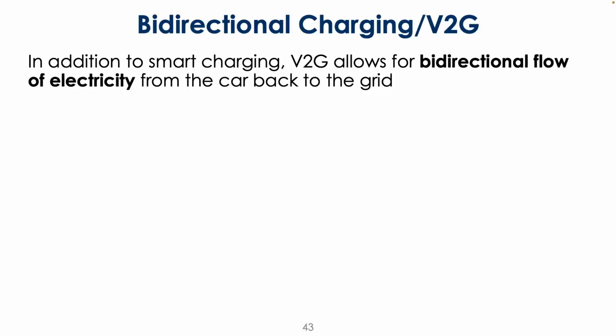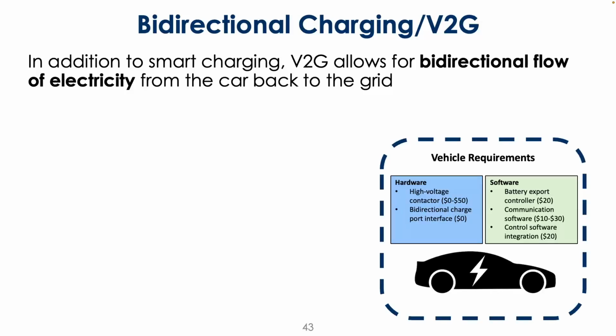So in addition to smart charging, V2G is what allows for bidirectional flow of electricity from the car back to the grid. So what does that look like in terms of hardware and software? On the vehicle side, actually not much, right? We know when we charge normally, we're going from AC to DC when you're doing level 1 and level 2 charging.